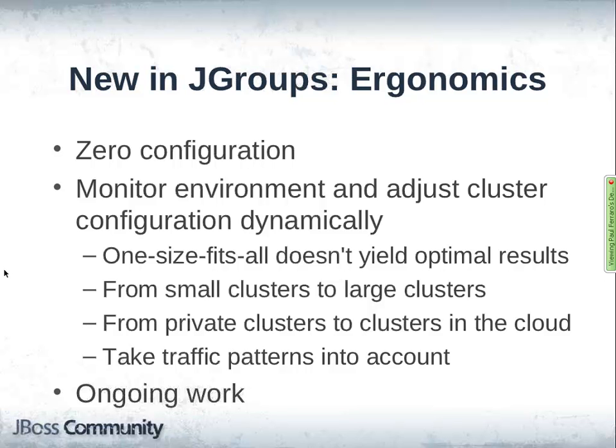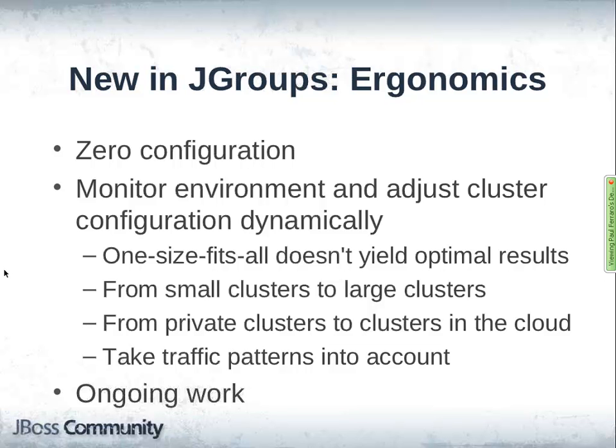So why do we want to do that? One size fits all isn't good because sometimes you have small clusters. The properties of small clusters are different from the properties of large clusters. Sometimes you have clusters in the cloud, which, for example, don't allow for IP multicasting, whereas private clusters benefit from IP multicasting.